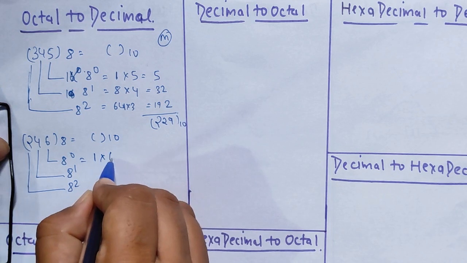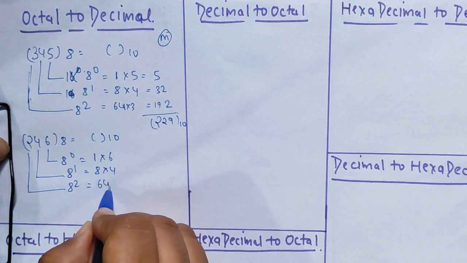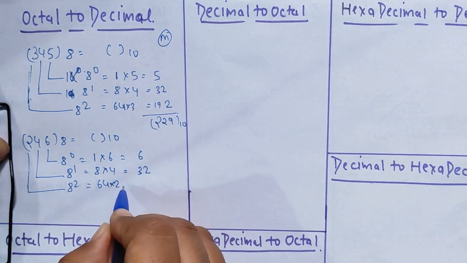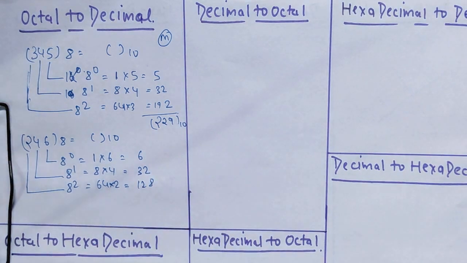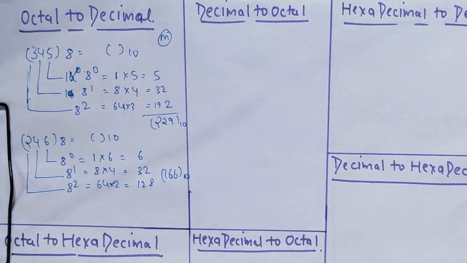It will be 1 into 6, 8 into 4, and 64 into 2. Then it is 6, it is 32, and it is 128. If I add 128 plus 32, that is 160, and 6 makes 166. So this is how we can convert any octal number into decimal.